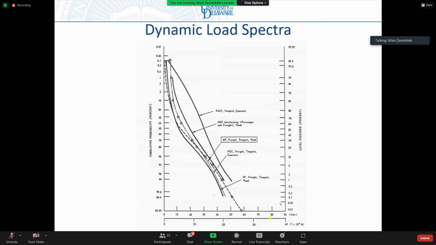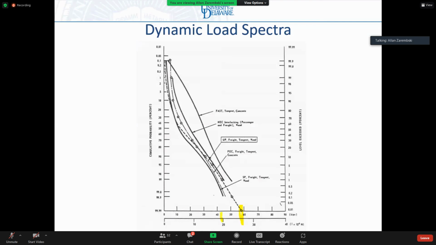So this is my dynamic load in newtons. What you can see here, for example, is this is about 25 meganewton. Force here occurs only 0.01% of the time.